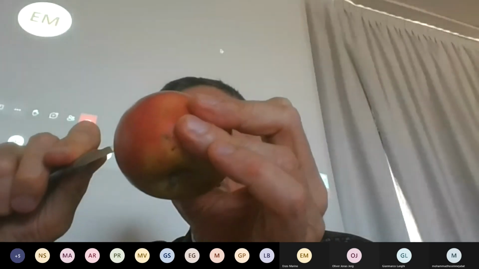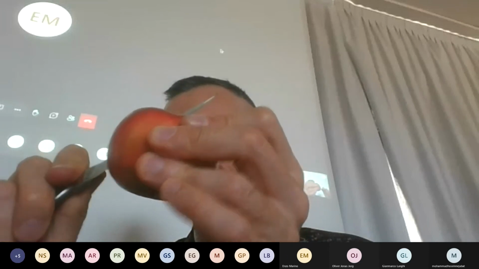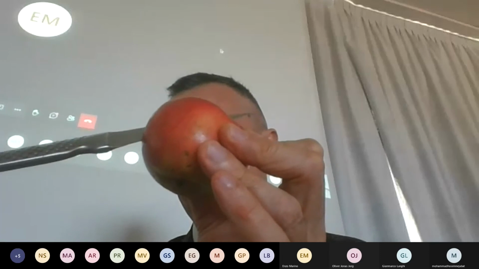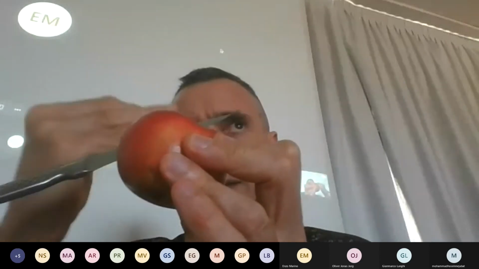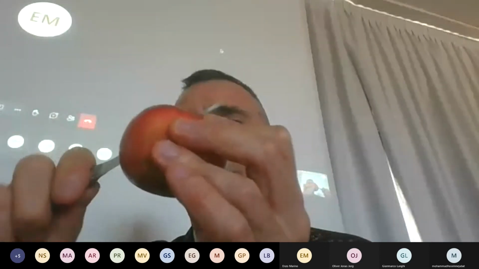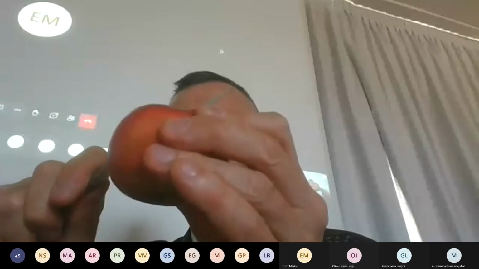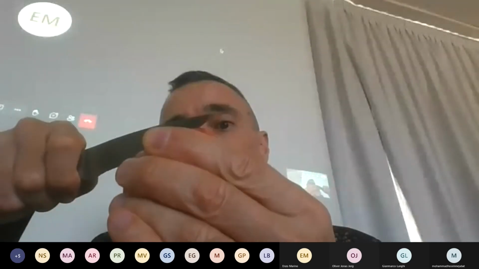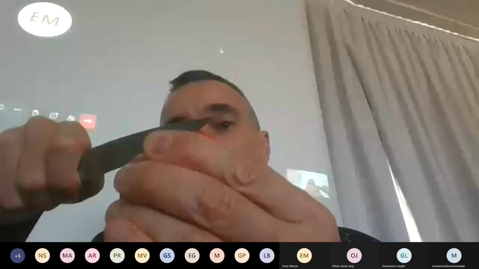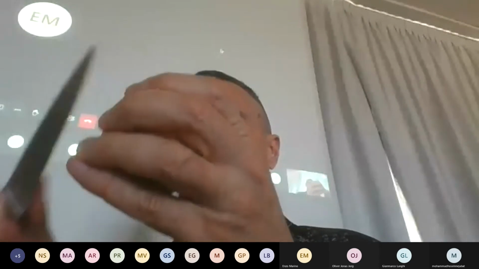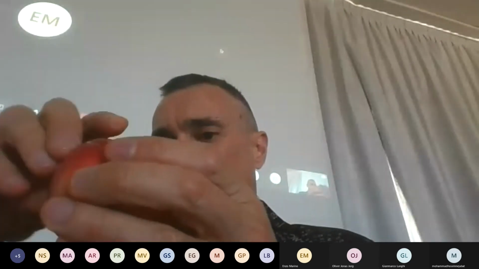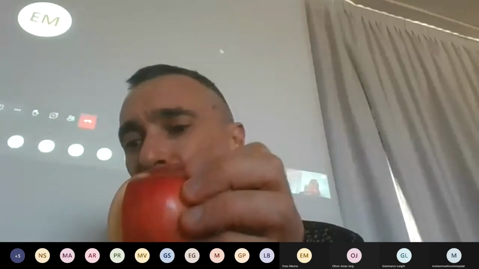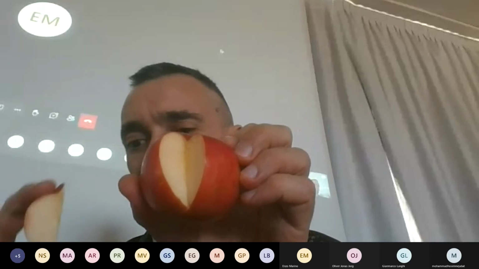That means making a slice this way, okay? This is the plane, the knife is representing the plane, which is intersecting the sphere in the real sense. And then I do the same from here, and I go in this direction. Okay?